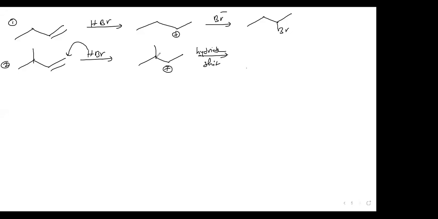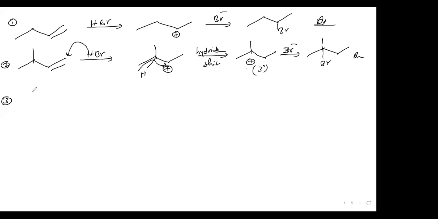Where is the hydrogen over here? Here. A hydride will shift. Once the hydride shifts, we will be getting which carbocation? This is a 3 degree carbocation. Therefore, Br minus joins on the stable 3 degree carbocation, and this will be the answer for this.